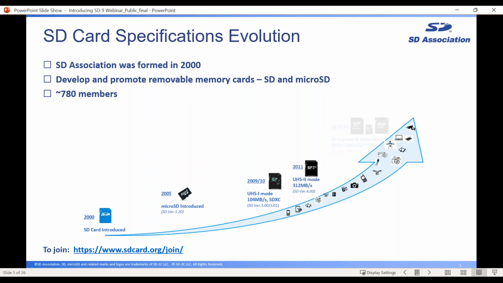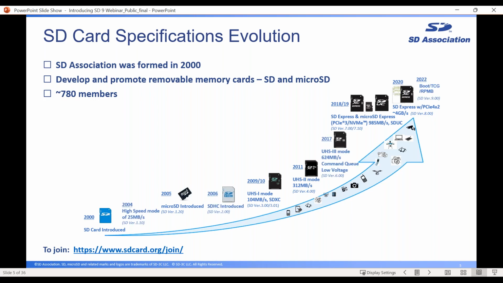The microSD was followed by a few more major new versions as shown, ultra high speed versions, and the biggest jump was the SD Express that was recently, like a few years ago, the spec was released. The SD standard is, as I said, continuously evolving, driven by our SDA members, following the market needs and technology evolution, including the recent one, the SD 9.0, which we will talk today.